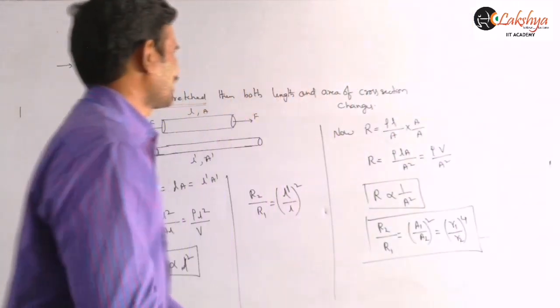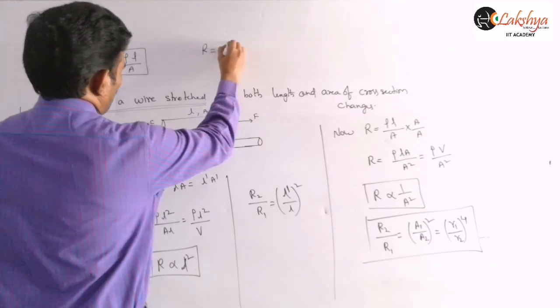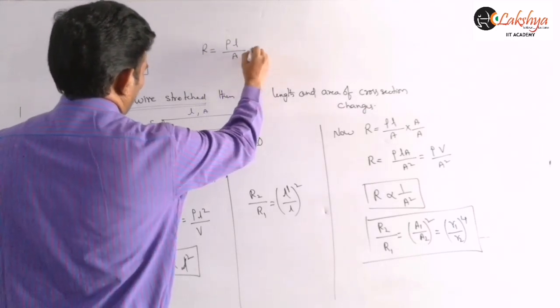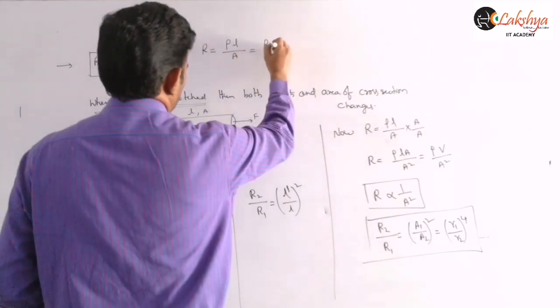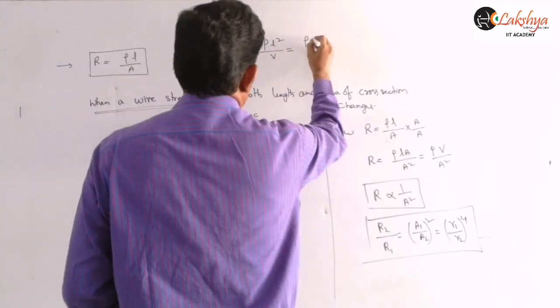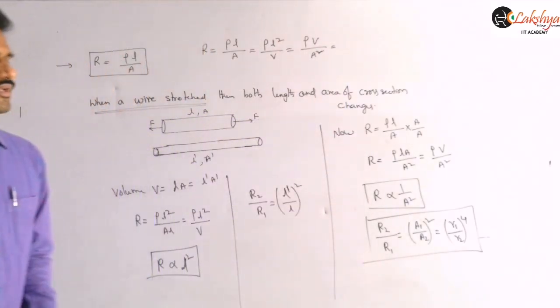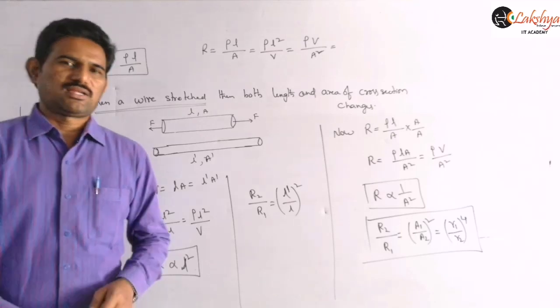R is equal to rho L by A is our basic formula. So let us see the different forms of this. I can express this as rho L square by V, or I can express this as rho V by A square. Sometimes the density and mass of the materials will also be given.